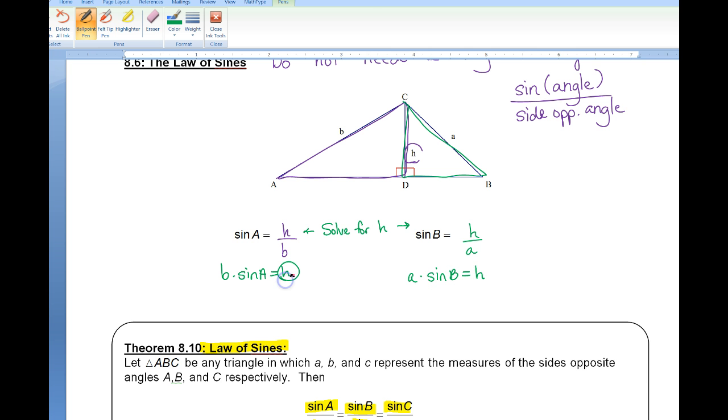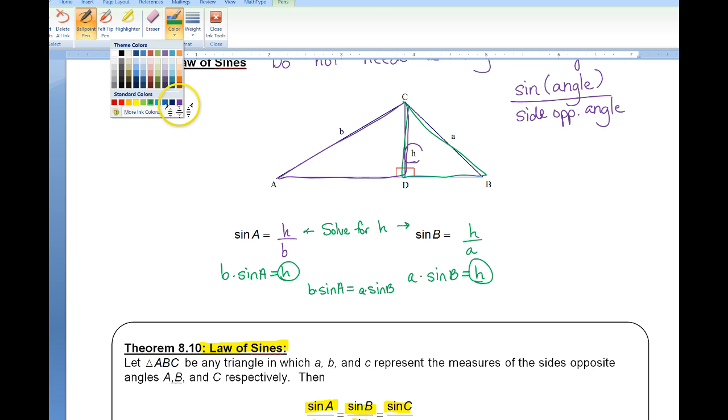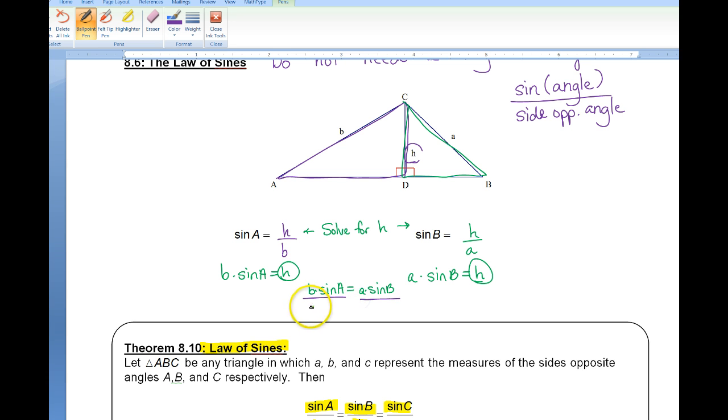So now that we have h isolated in each of these, I'm going to set these two parts equal to each other. And now this is the trick that you probably wouldn't have come up with, but basically we're going to divide both sides by ab. So what happens here is the b's cancel. So I have sine of A over little a, and here the a's cancel, and I get sine of B over b.